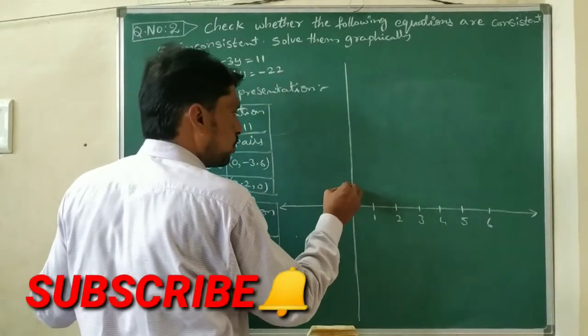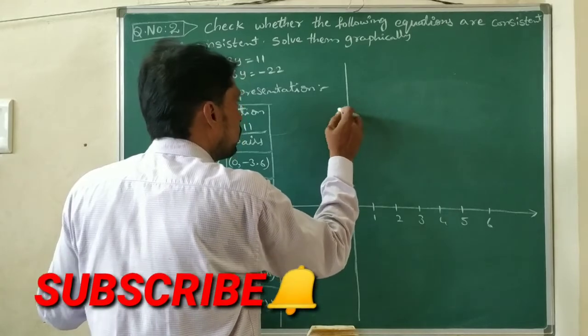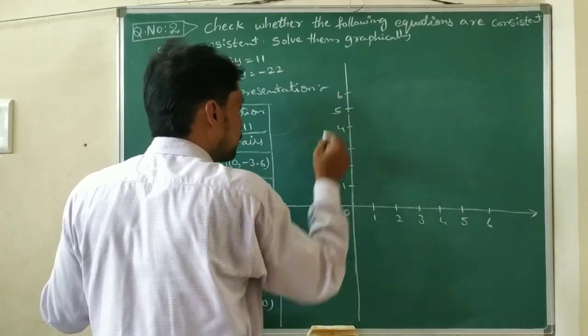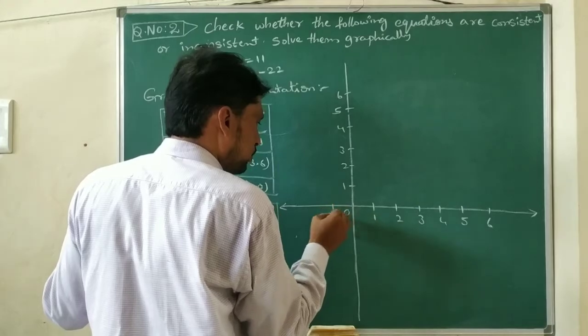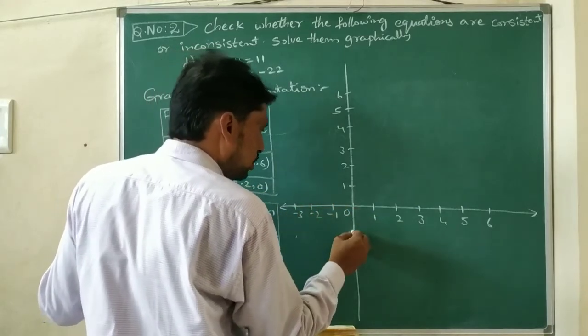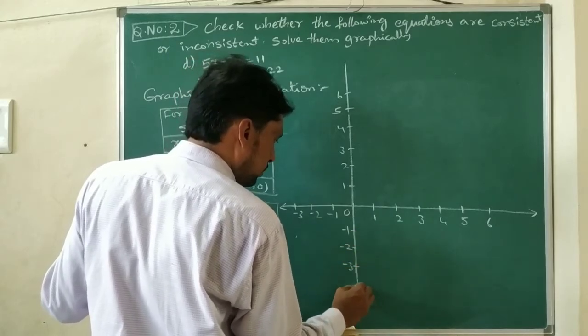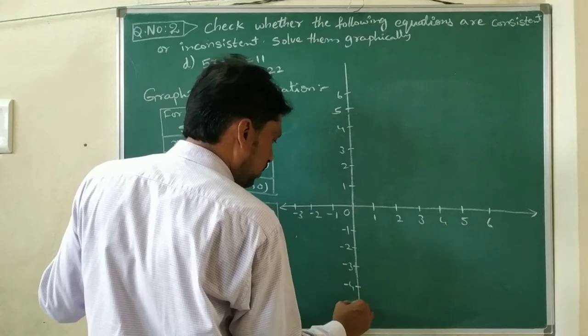Above the 0 also positive only, 1, 2, 3, 4, 5, 6. And left side of the 0 negative values, minus 1, minus 2, minus 3. Below the 0 minus only, minus 1, minus 2, minus 3, minus 4, minus 5.